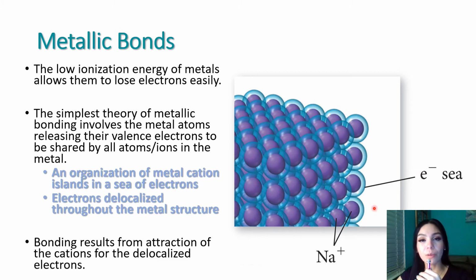This is just showing you a closer zoomed-in version of that. So again, the organization of these electrons is like a sea, and we term the electrons delocalized, meaning that they're not in one specific place. They're just not in one specific local place. That's what delocalized means.